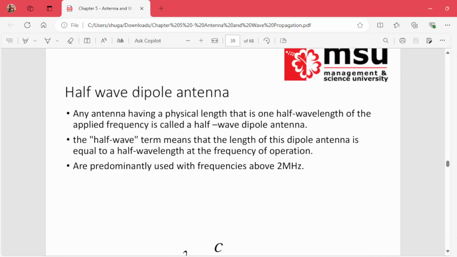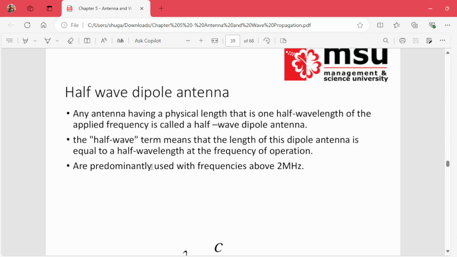How about the half-wave dipole antenna? Any antenna having a physical length that is 1/2 wavelength of the amplified frequency is called a half-wave dipole antenna. What that means is that the length of this dipole antenna is equal to half the wavelength at the frequency of operation.